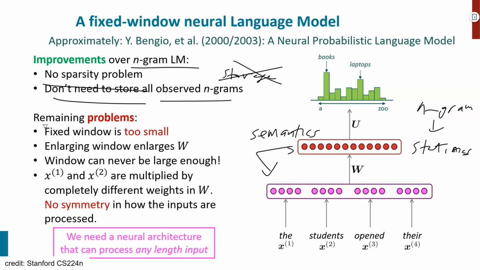Still, there are some remaining problems because the window is fixed and the fixed window is quite small. Enlarging the window enlarges the parameters, and it's going to be very hard to train. And even though we enlarge the window, it can never be large enough. Let's think about the SAT or Korean SAT section.